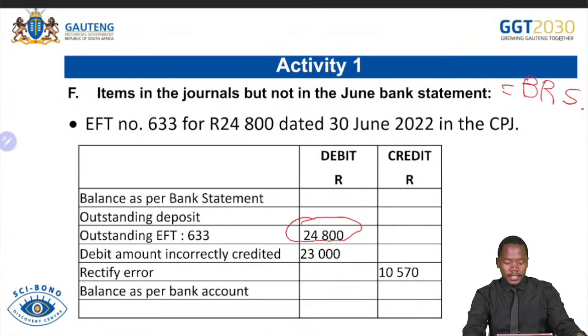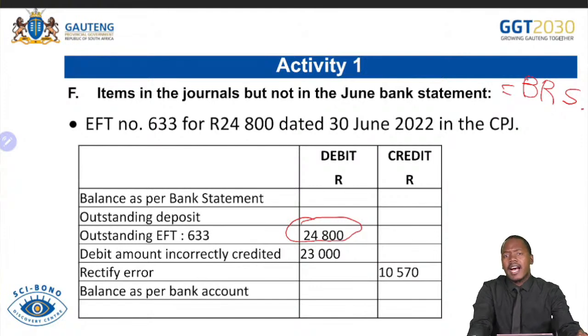Welcome back, grade 12s, from our 1 minute break. I hope this has helped some of you to settle. The outstanding EFT of 633, if you can see on the bank reconciliation, we were talking about this for 24,800. Why is it not appearing on the bank statement?